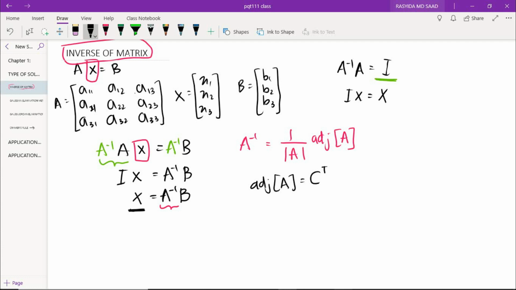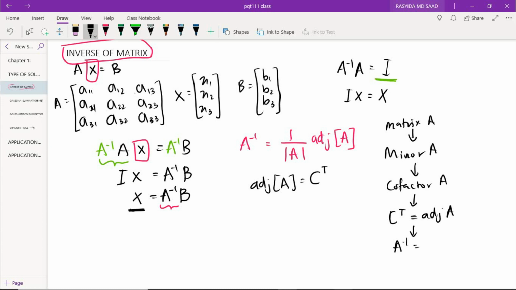So in other words, they give you a matrix A, and then you need to find the minor for matrix A, and then the cofactor of matrix A. After you find the cofactor, you transpose it to give you the adjoint of matrix A. Then you can find the inverse of matrix A by using this formula: 1 over the determinant of A multiplied with the adjoint of matrix A. Then, after that, you multiply with matrix B to get the value of X.